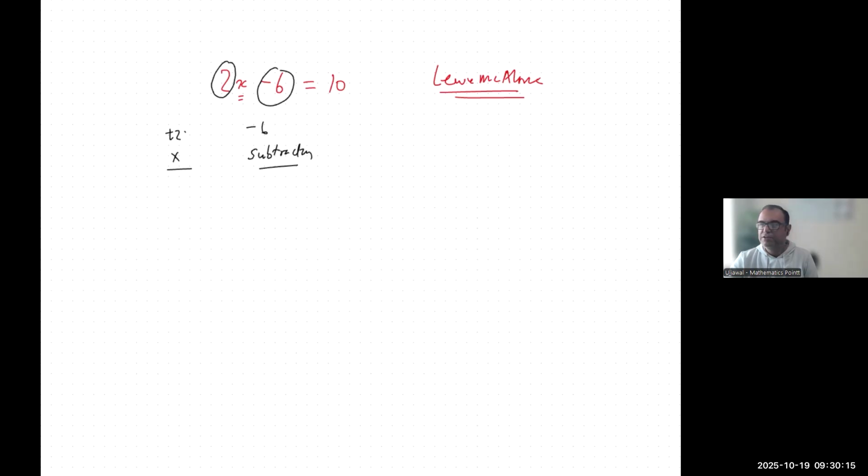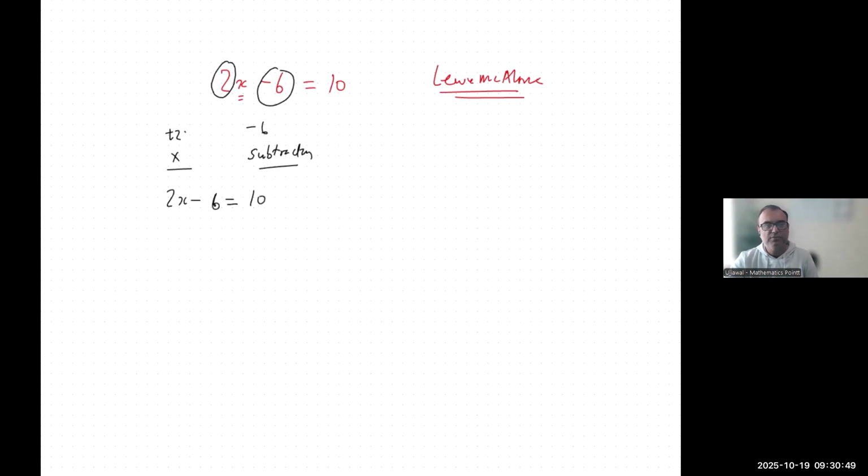Which number should I get rid of, the 2 first? Can you tell me? Which number should I get rid of first? Okay, there are mixed answers here. So let's divide this into two parts. I write this as 2x minus 6 equals to 10.